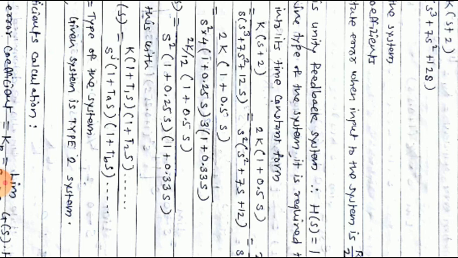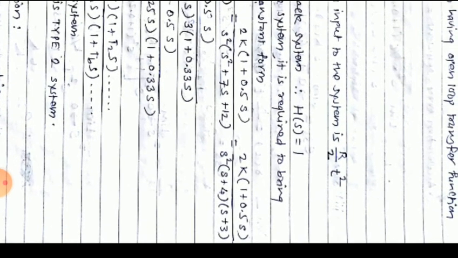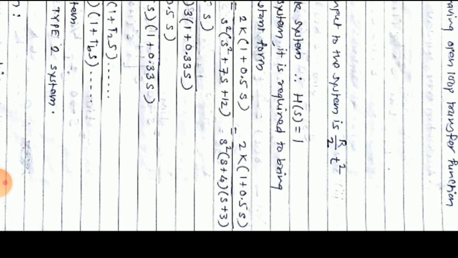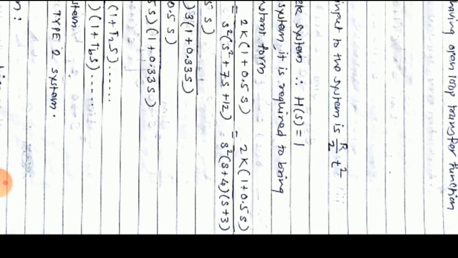To keep the same value of the denominator, you have to multiply the first term by s. Then the value of the transfer function will not change. Only what we have to do is bring that transfer function into time constant form. So that will be equal to 2K into (1 plus 0.5s) upon s square into (s square plus 7s plus 12).